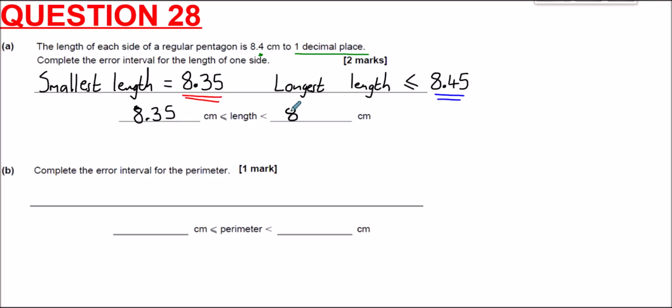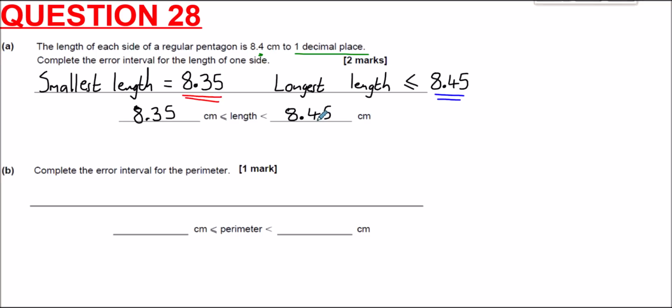And so the limits for the length are 8.35 as the smallest possible length it could be, up to 8.45, which is the absolute and utter limit, which it can't actually be. It can be anywhere up to 8.45. It could be 8.4999999, but it couldn't actually be 8.45. So it could be 8.44 with infinite nines almost, but couldn't be 8.45.